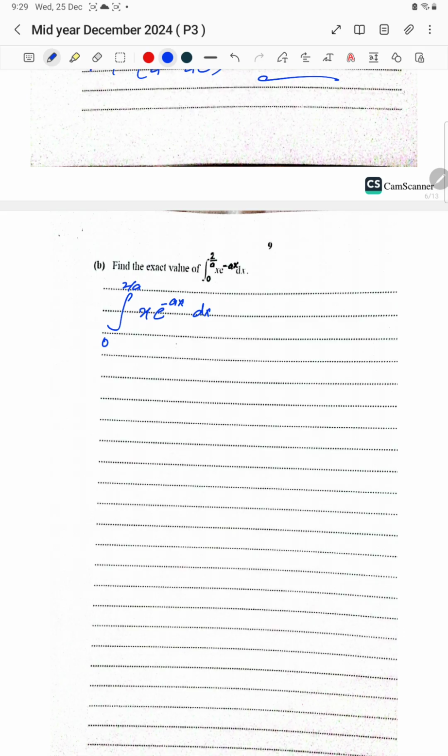Here we will apply integration by parts, either by using the ILATE rule, or you will take the algebraic function, linear in x, as u and the exponential as v. By using integration by parts, we get u times integral of v dx minus integral of the derivative of u times integral of v dx.